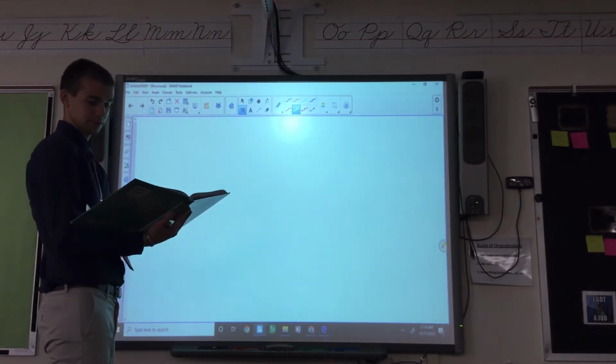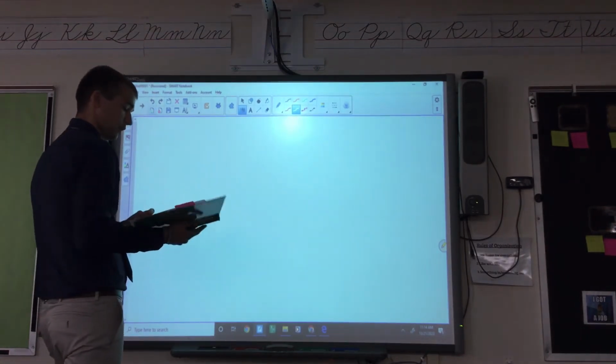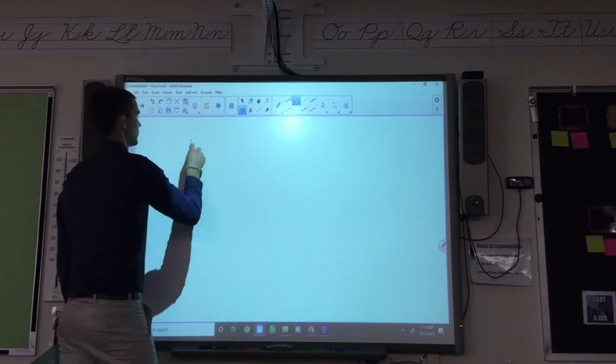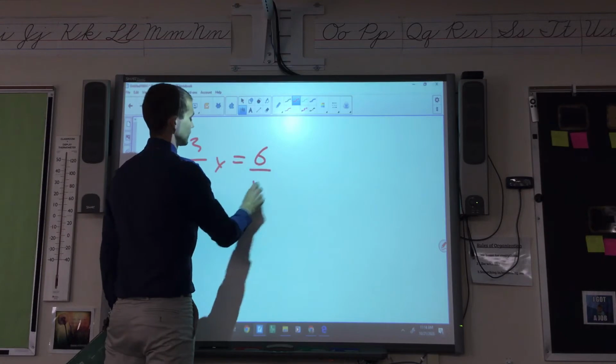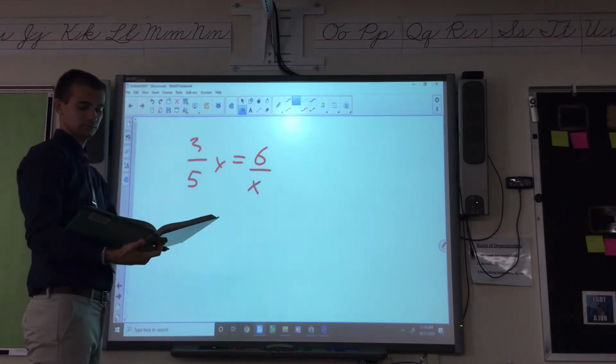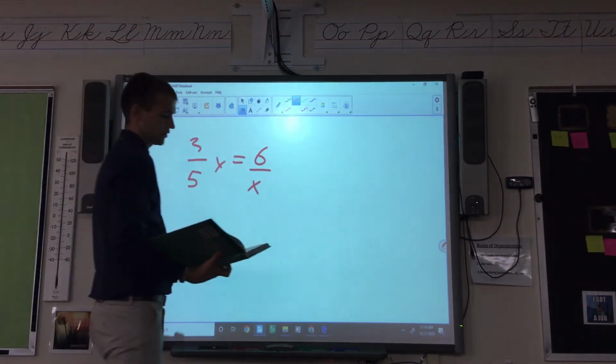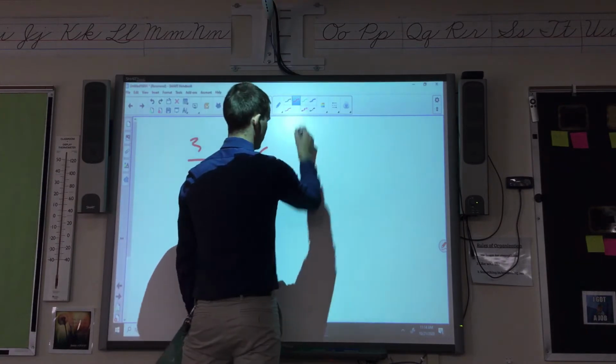Guided practice: 3/5 y equals 6 over x, and then y minus 3x equals 5.